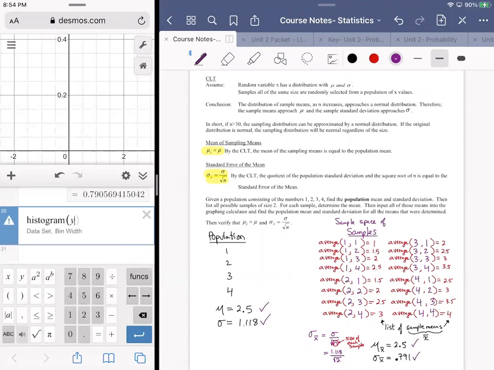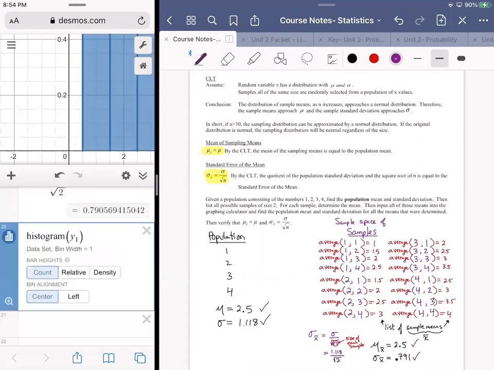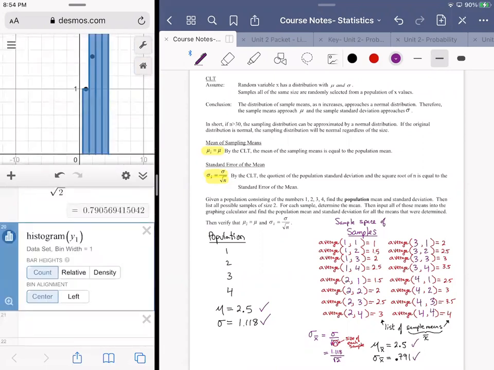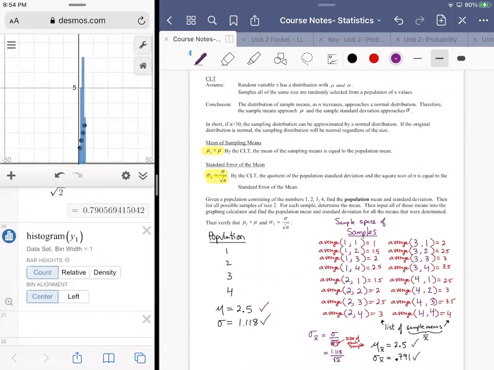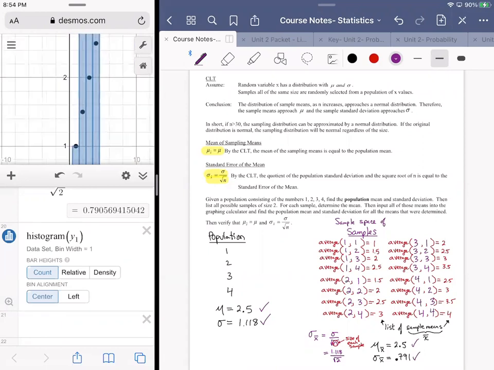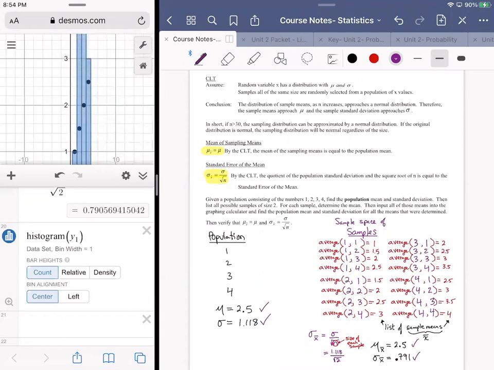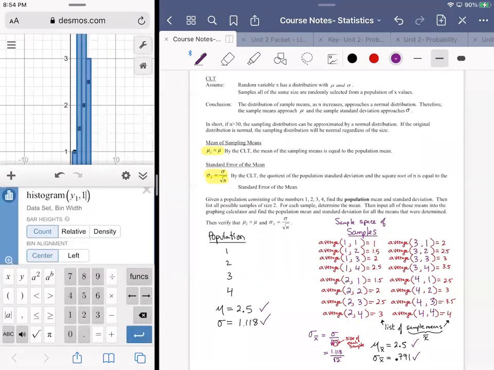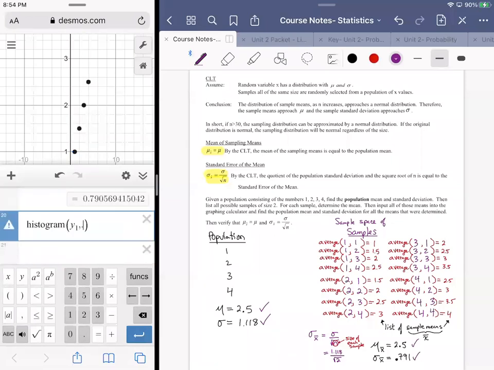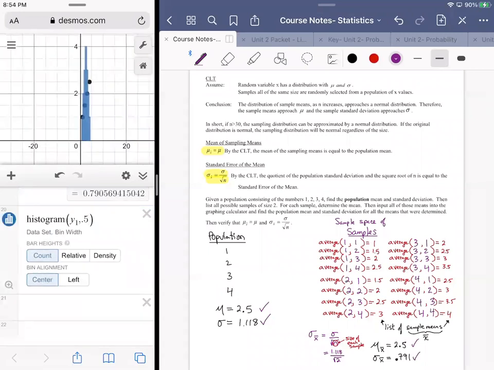Histogram, y1. Get a little display here. So this is not exactly a normal distribution. It's definitely not even close to a normal distribution, but that's because of the bin width that I selected here, right? So if I went by half units, it definitely looks a lot more like a normal distribution.